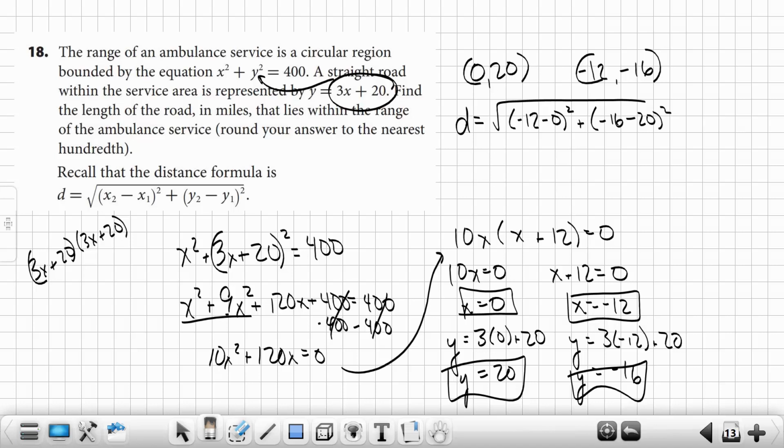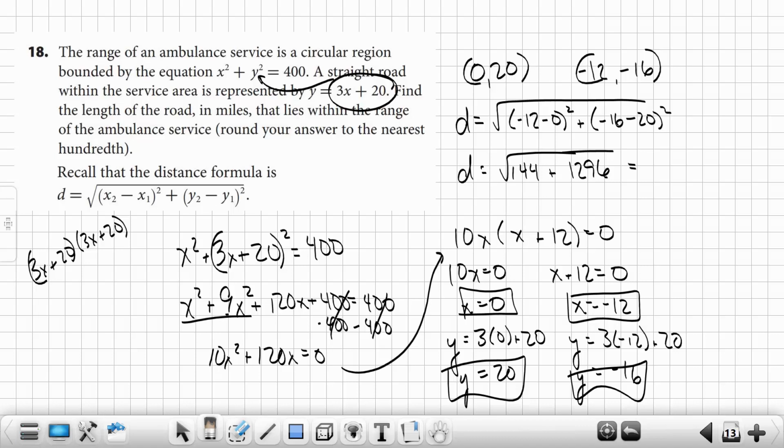12 minus 0 is 0, or sorry, it's 12. And 12 squared is 144. -16 minus 20 is -36. So we have 36 squared, and 36 squared is 1,296.